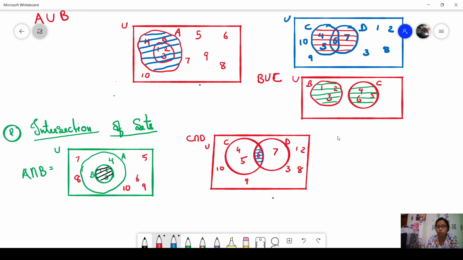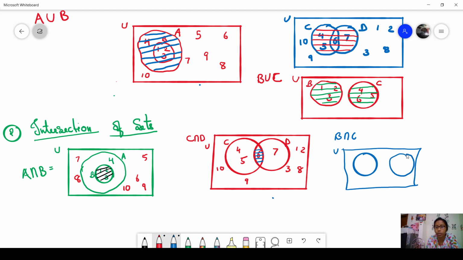Next we will move on to B intersection C. In this case, first we will draw one rectangle, that is our U, and we are drawing two circles, and because B and C are disjoint sets, we will draw it like this, and we will write the elements 1, 2, 3, 4, 5, 6.